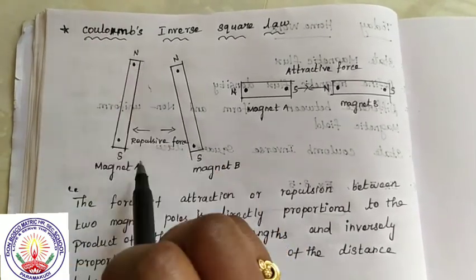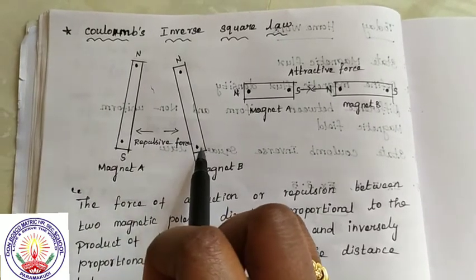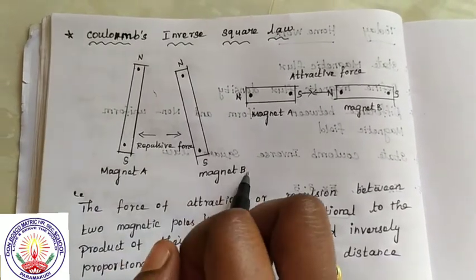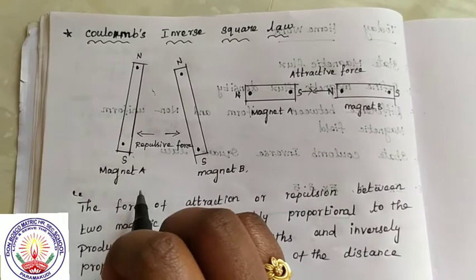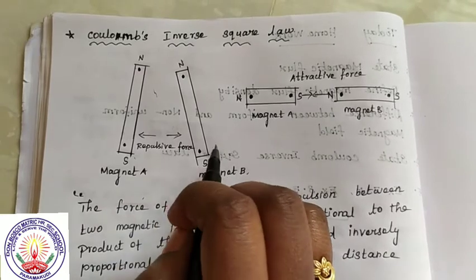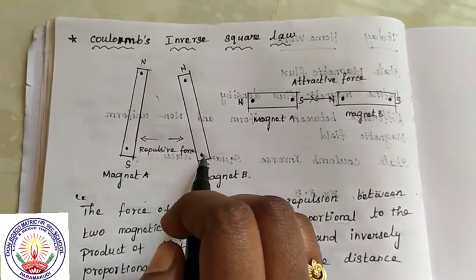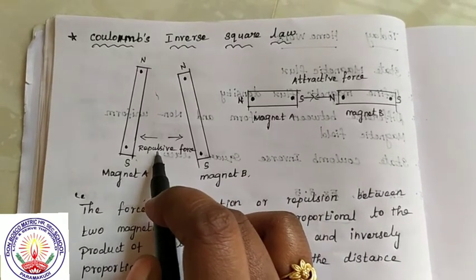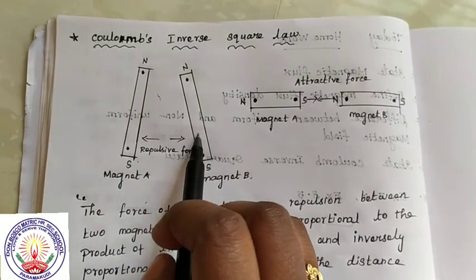The north pole of magnet A and north pole of magnet B, and the south pole of magnet A and south pole of magnet B, when these poles are brought closer, they repel each other.